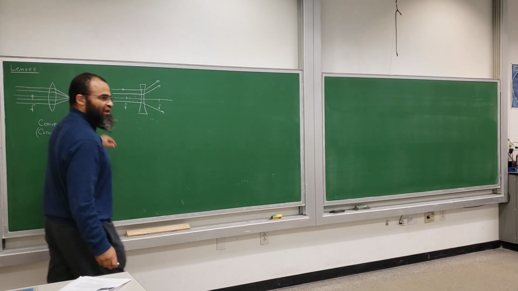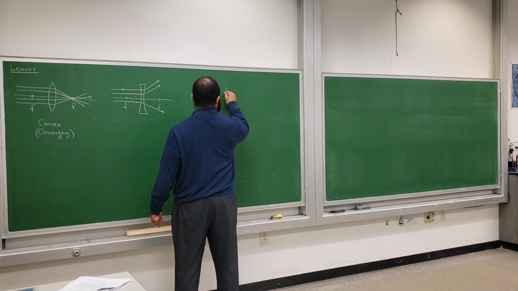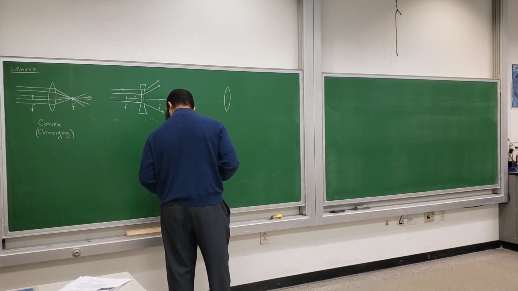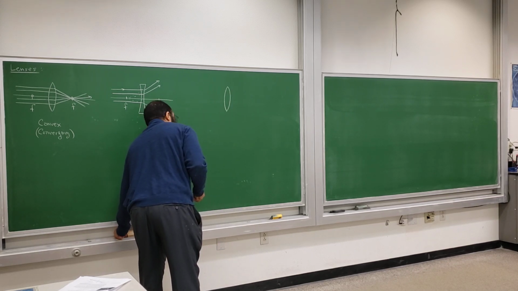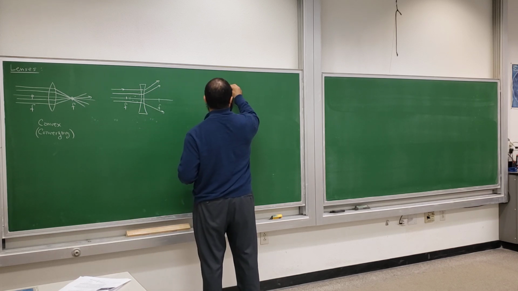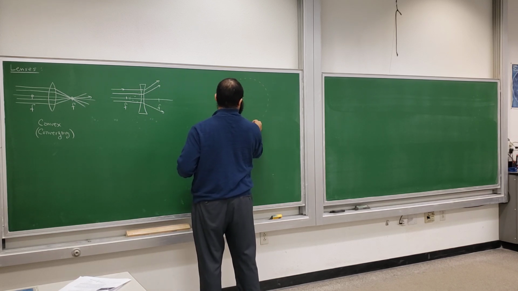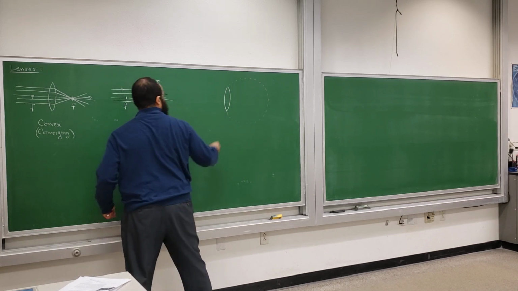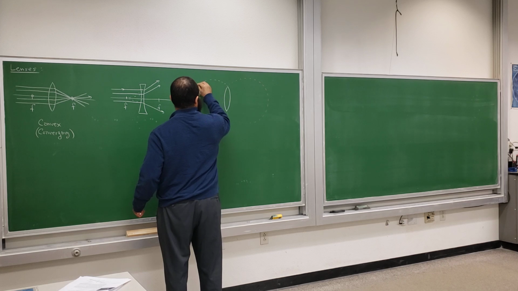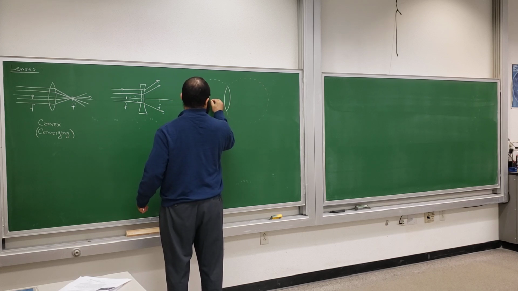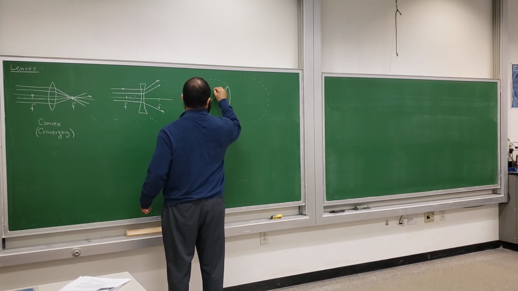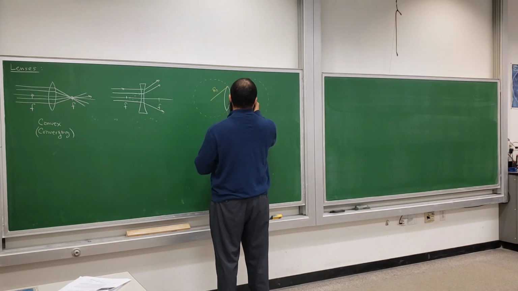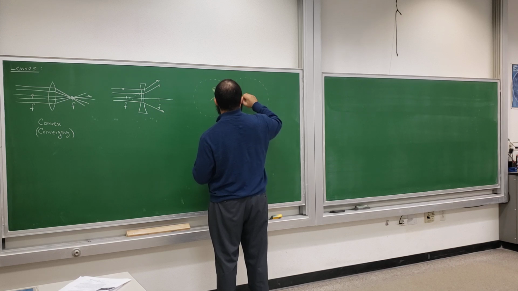And then we talked about the radius of curvature and the index of refraction. So if this is the lens, it's cut from something like this. This is R2, and this one here is R1.